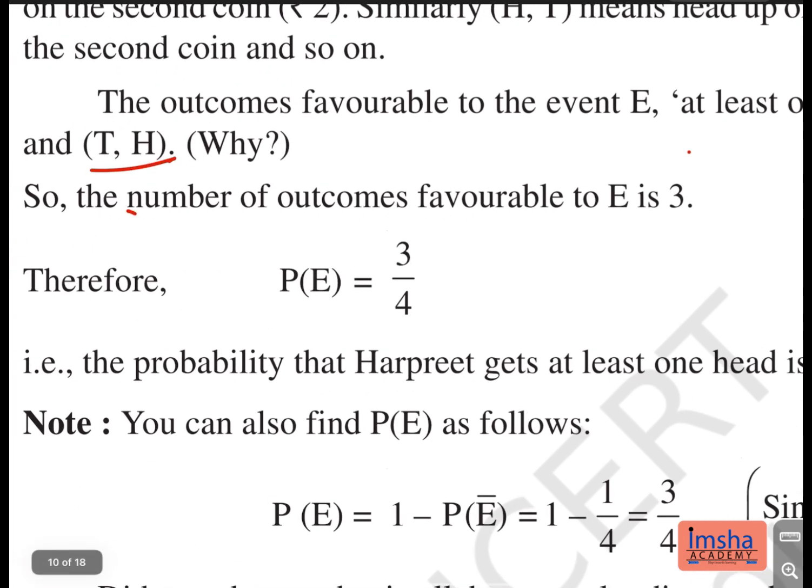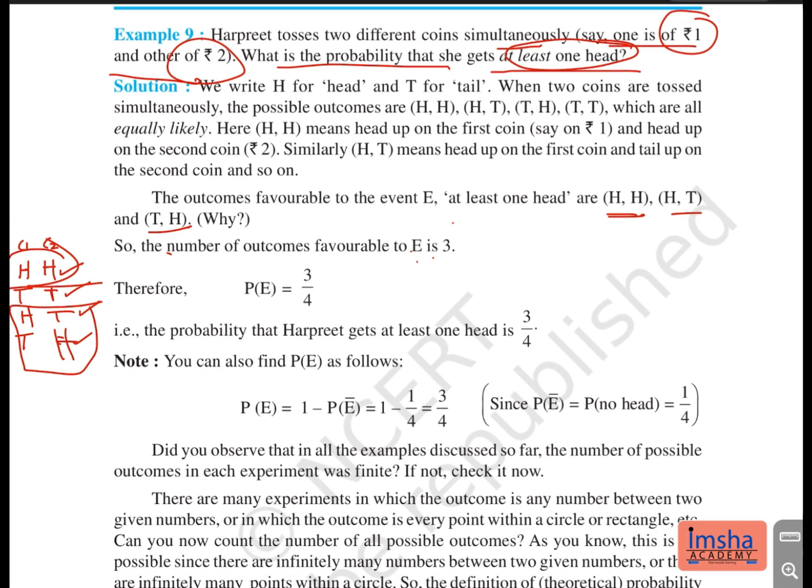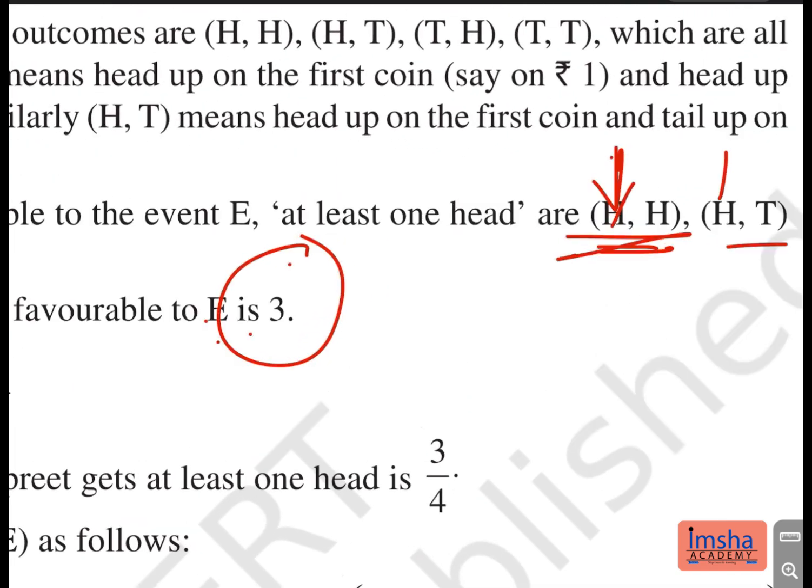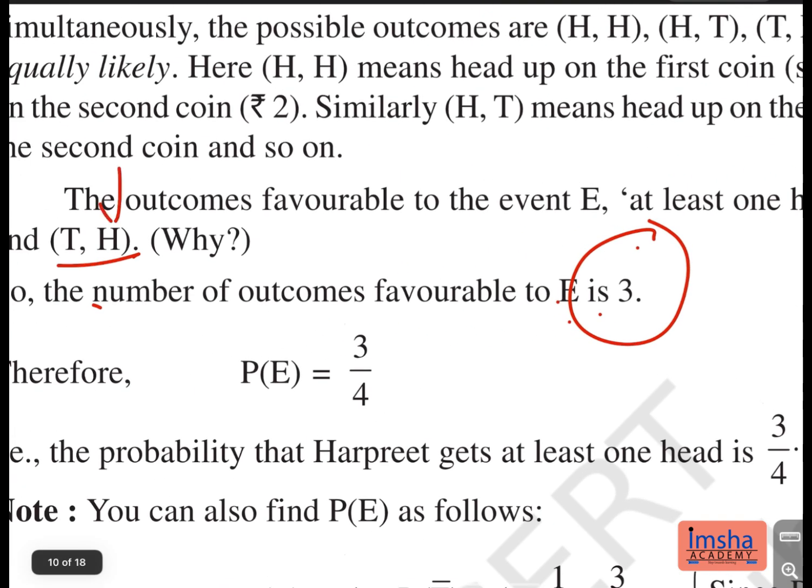The number of outcomes favorable for event E is 3. At least one head means one head is there, here also one head, here also one head.